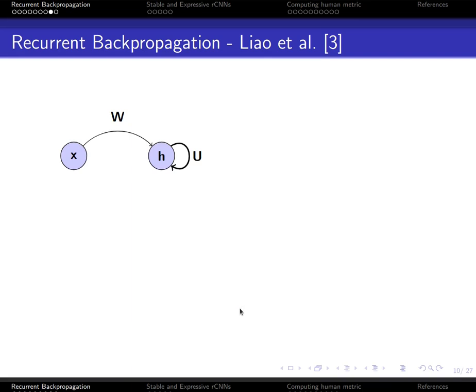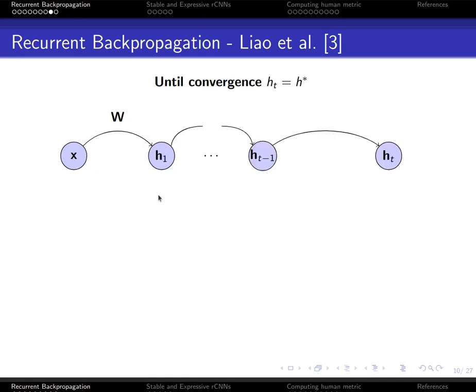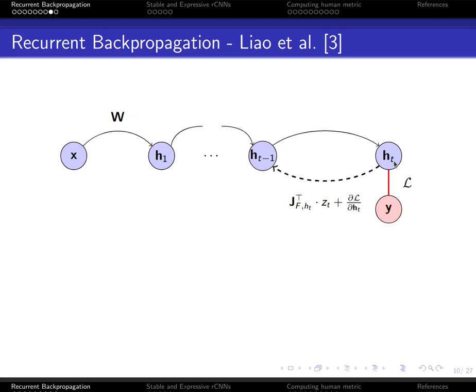So how does this impact the original diagram? We still have our input x, we multiply it with w, get our hidden state, and then we perform fixed point iteration, which basically means we repeat the dot product with u until we reach a steady state. Let's say that our steady state is h_t. Compare it with our ground truth, take the cost function, and we perform fixed point iteration using the last two hidden states.